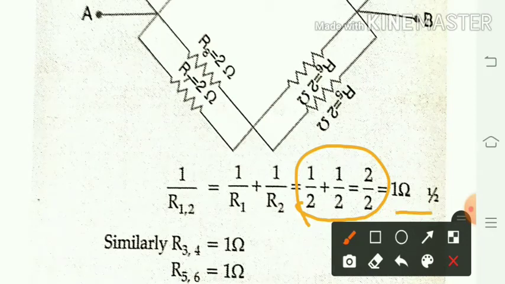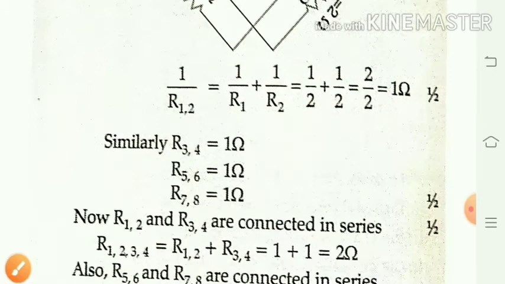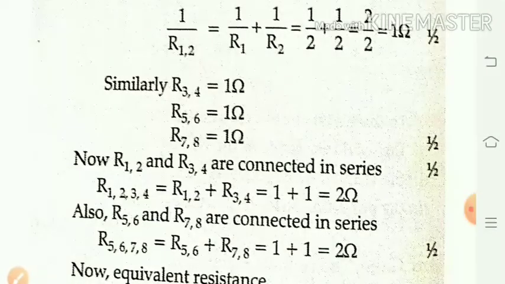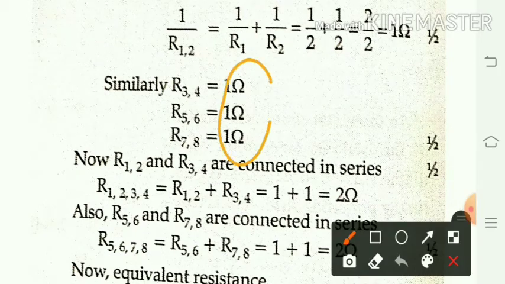Now similarly we can calculate R3, R4, R5, R6 and R7, R8, as their values are 2 ohm. For every parallel combination, its value is 1 ohm each. Therefore, R1, R2 and R3, R4 are in series. Its value will become equal to 2 ohm.